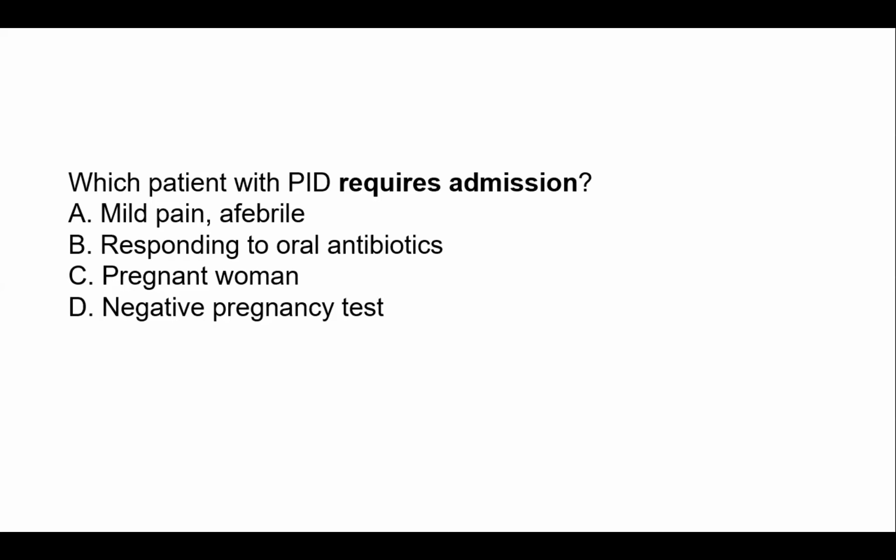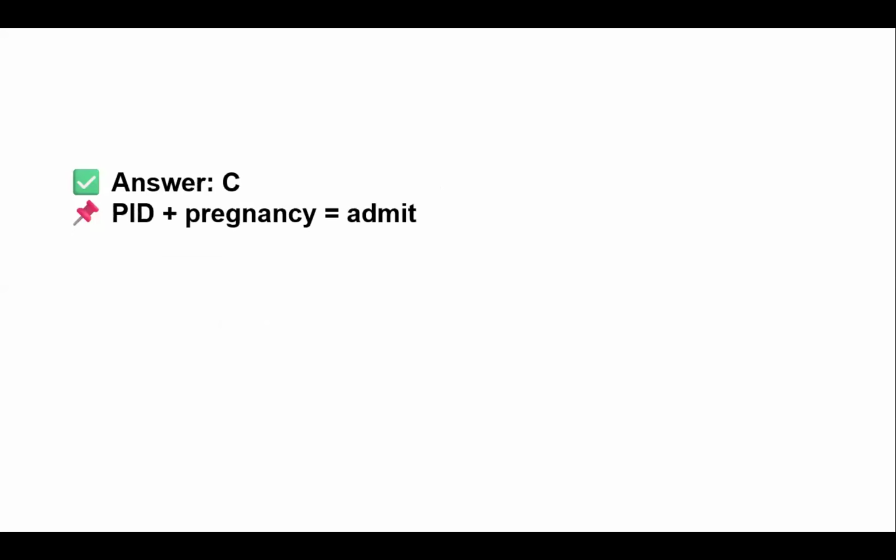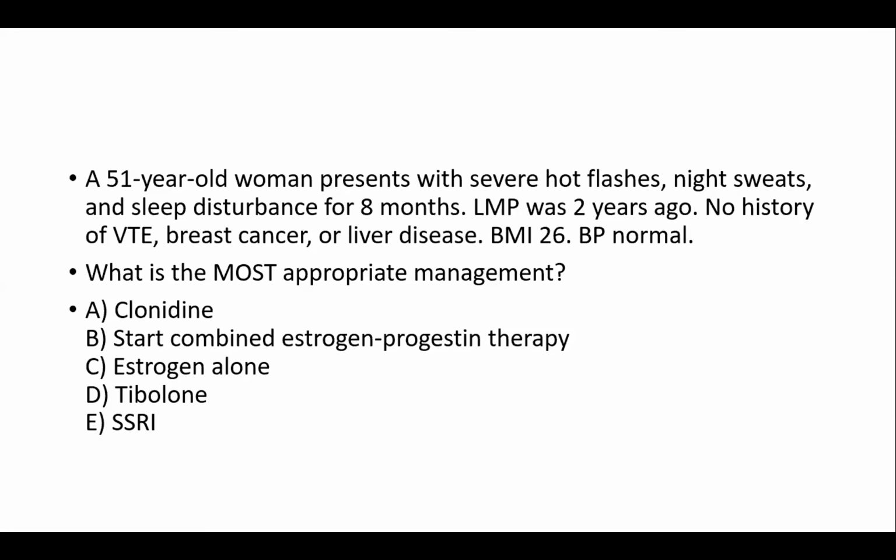And any pregnant lady who comes with PID also, we should admit. So these are the indications for admission. Keep in mind, maybe this pregnant woman answer is correct, but next time you should tell it correctly.